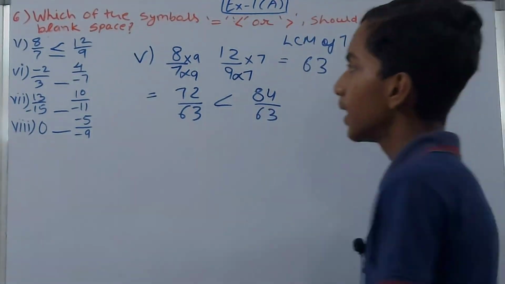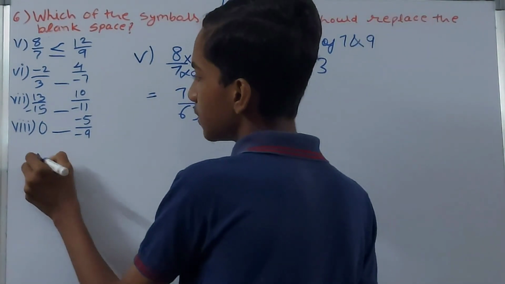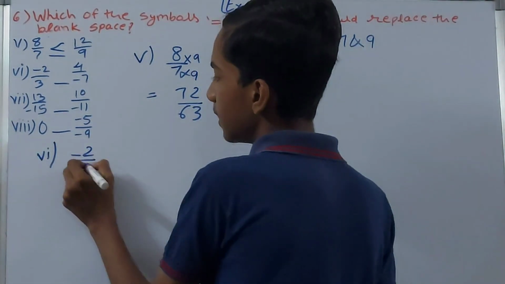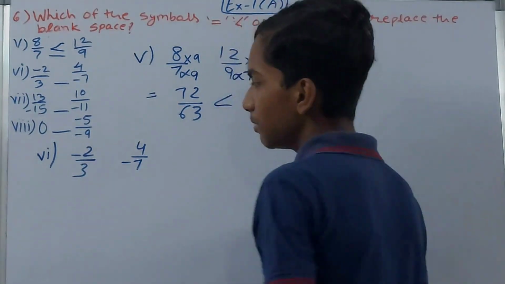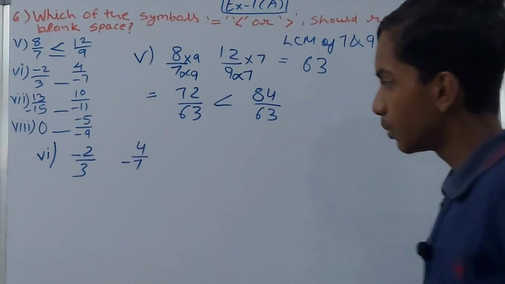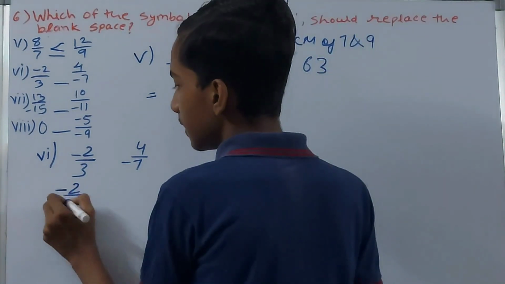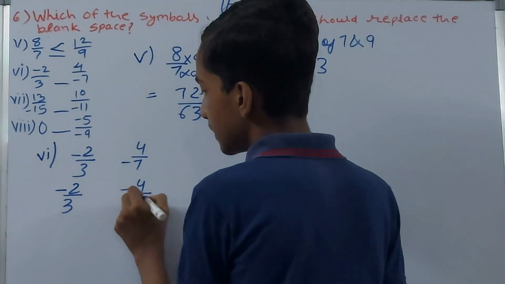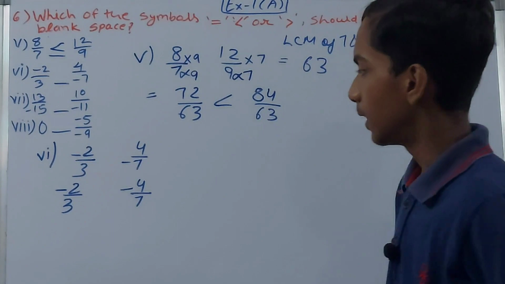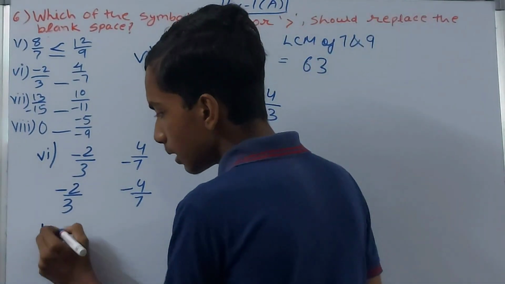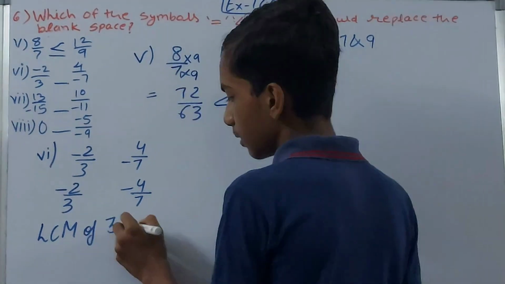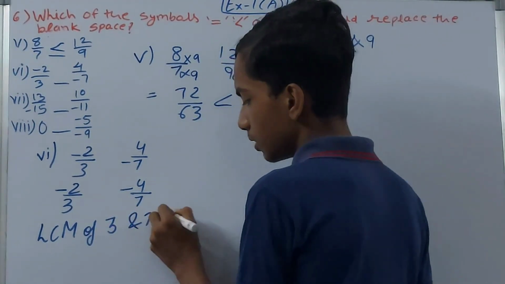Next, the second part, and here what have we got? The sixth part, right? Minus 2 by 3 and 4 by minus 7. Same thing here also, we will take the minus sign to the numerator. So minus 2 by 3 and minus 4 by 7, and again make their denominators the same. LCM of 3 and 7 is 21.